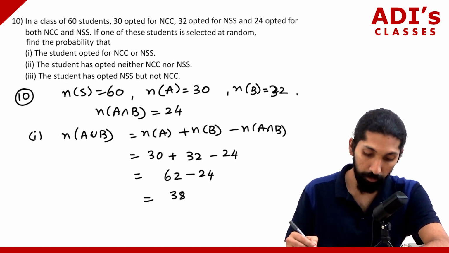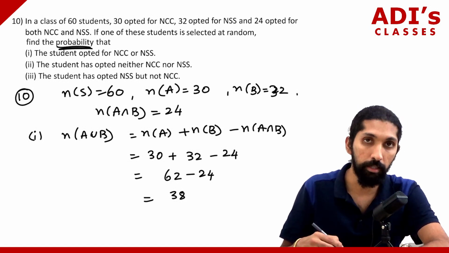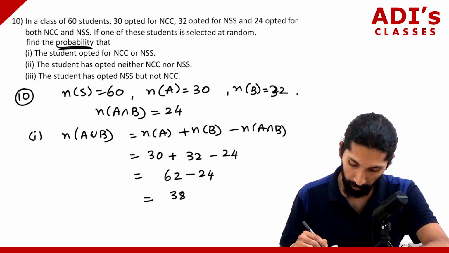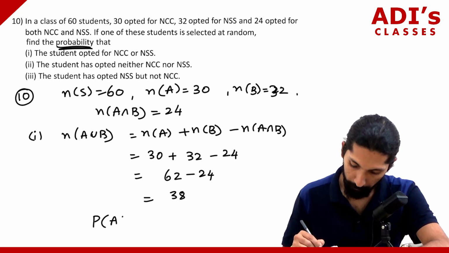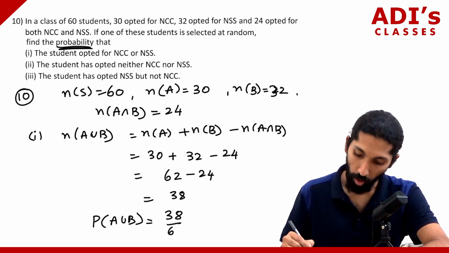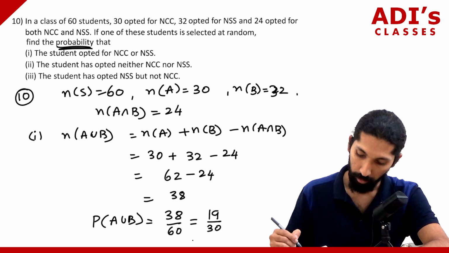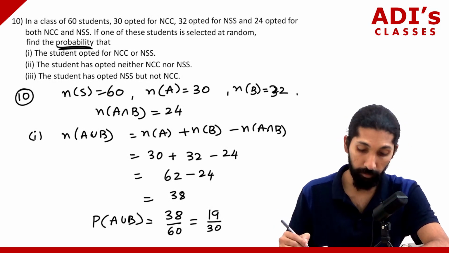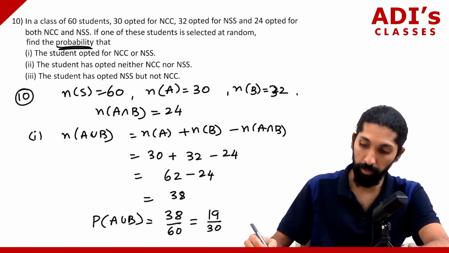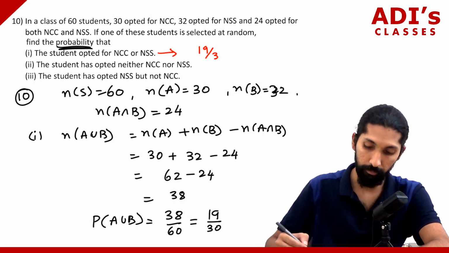So n of A union B is this, but we need the probability of that event, isn't it? So P of A union B is 38 out of 60, or we can also say 19 out of 30. So 19 by 30 is the answer for the first one.